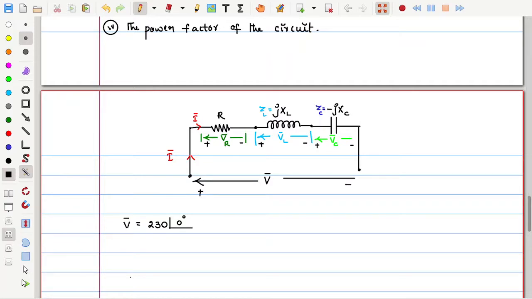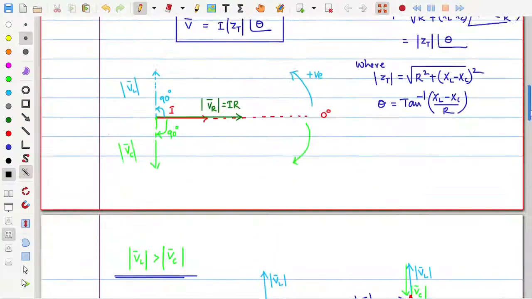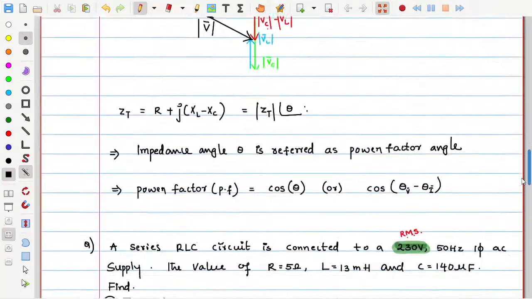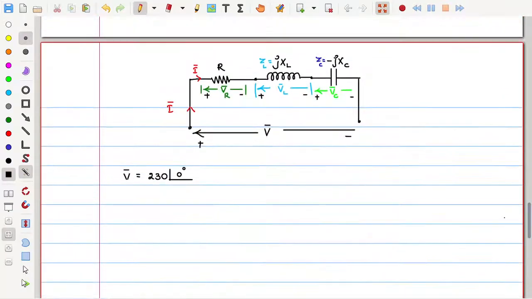Nothing wrong in it. Previously, I assumed current as a reference, then calculated the remaining parameters, that is VR, VL, VC and total voltage V. If voltage is given, then you can calculate the current through the branch and the voltage across each of the branches. So it's not a big issue which is the reference. Here, because voltage is given, I am considering voltage itself as a reference, which has an angle of 0.